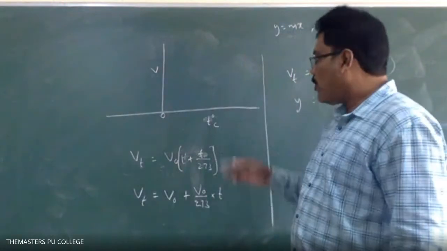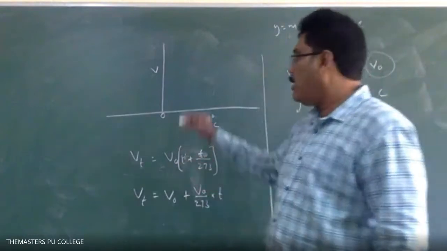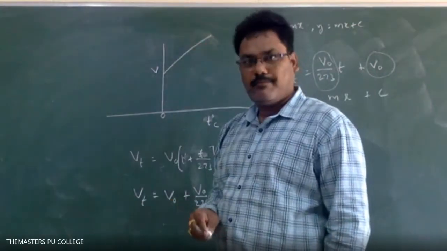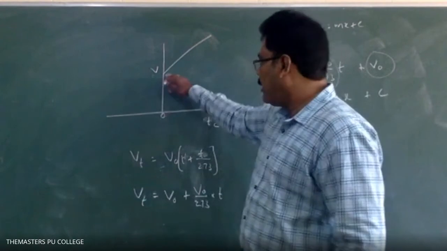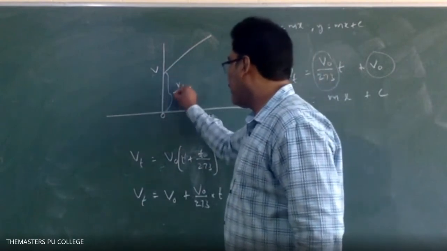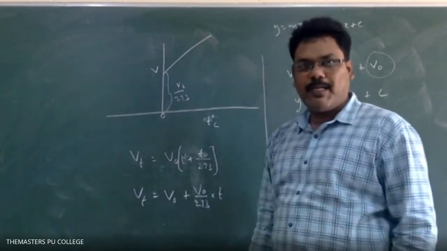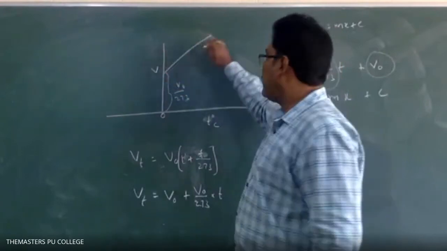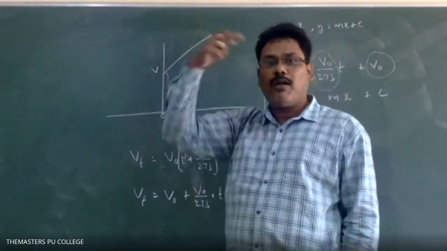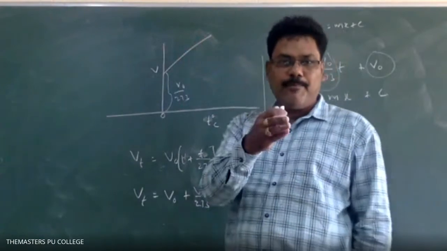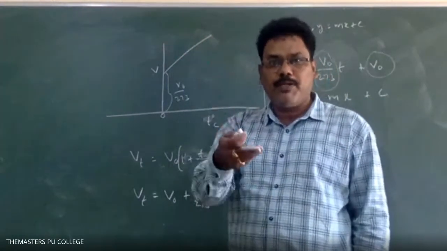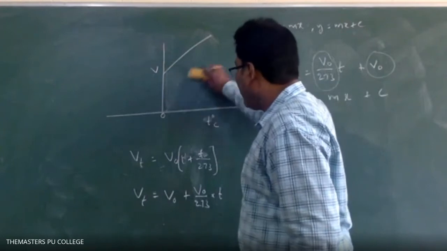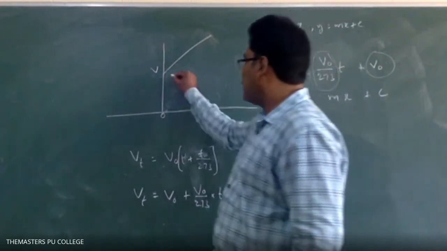So for one isobar at a certain pressure, this is at P1. Like that, if you obtain one more curve at P2 pressure, P3, P4 pressures, you will get different straight lines like this.